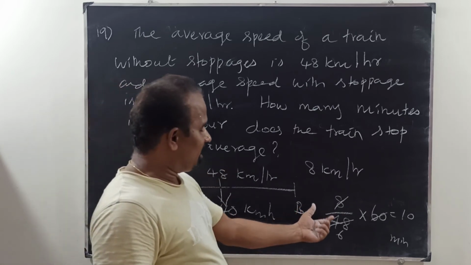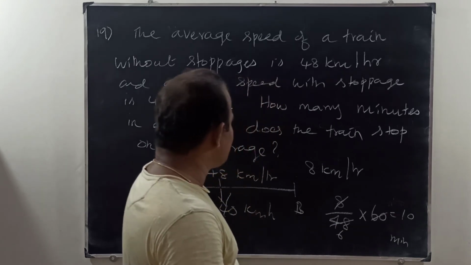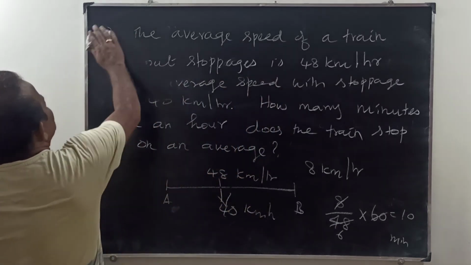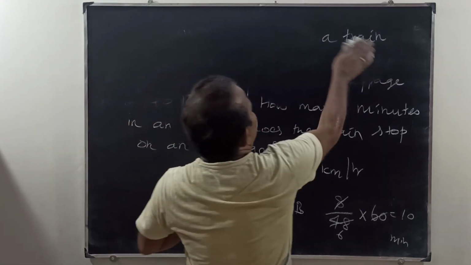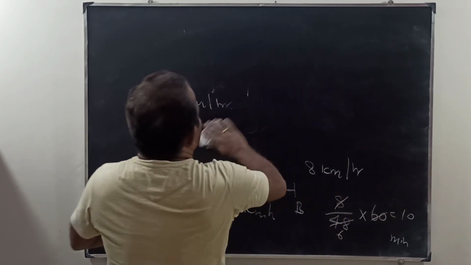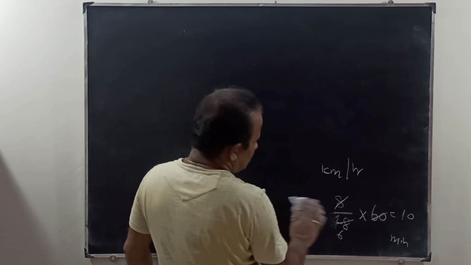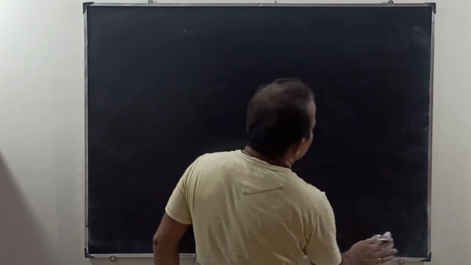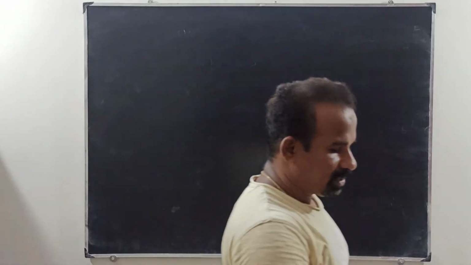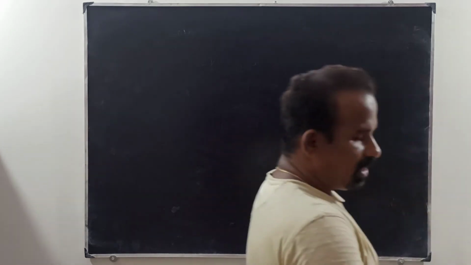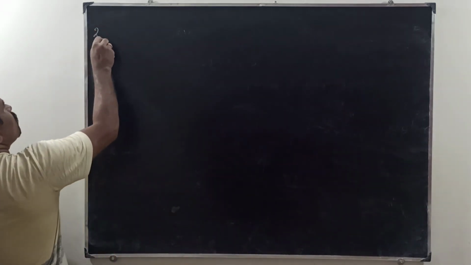So therefore 8 by 48 into 60 is equal to 10 minutes. Therefore the answer is 10 minutes. So therefore the train stops for 10 minutes.